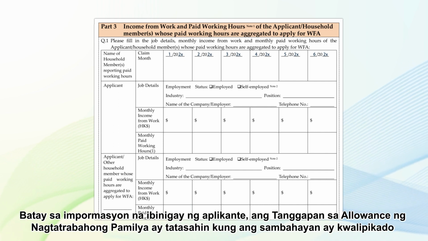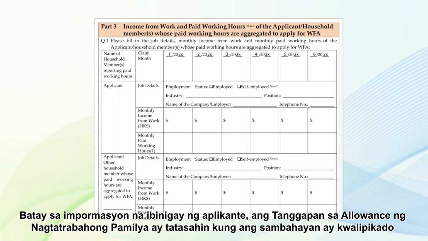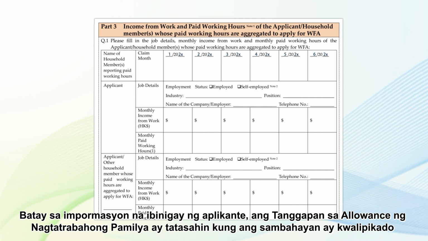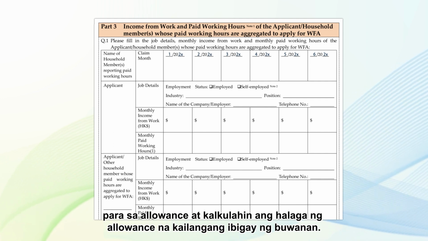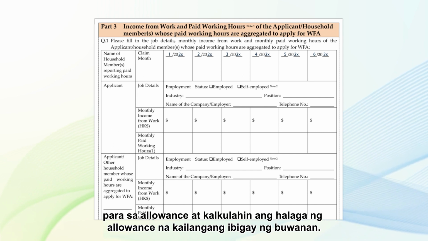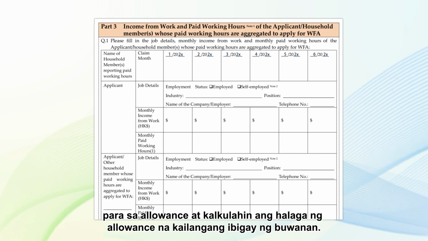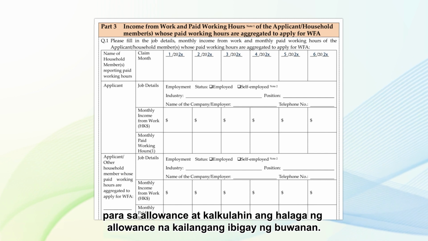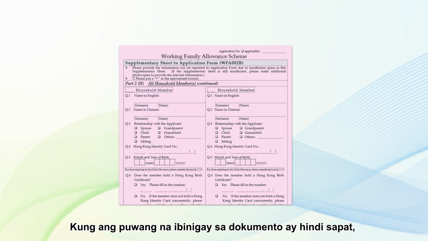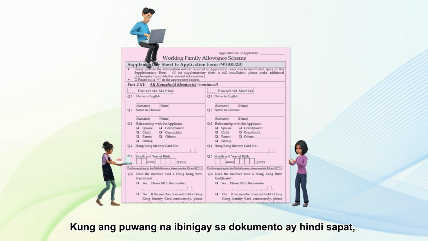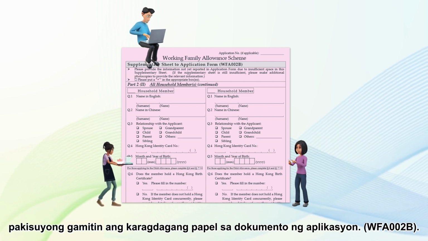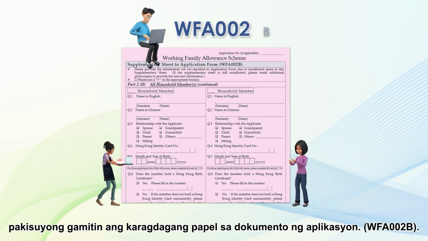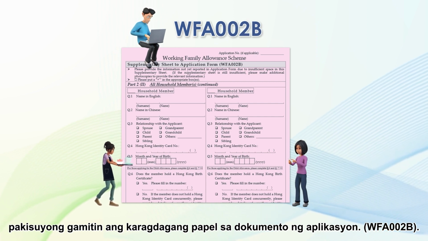Based on the information provided by the applicant, Working Family Allowance Office will assess whether the household is eligible for the allowance and calculate the amount of allowance to be dispersed on a monthly basis. If the space provided in the form is insufficient, please use the supplementary sheet to application form, WFA 002B.